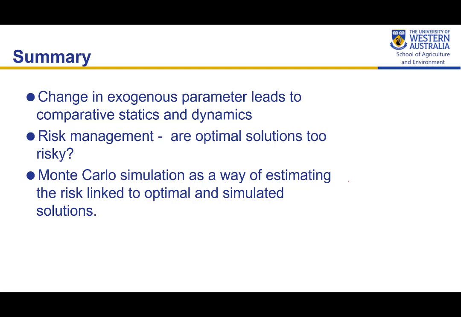Monte Carlo simulation is a way of estimating the risk linked to optimal and simulated solutions. So we get information on another dimension other than just the optimal value. We ask the question: is the level of risk associated with this optimal value acceptable?